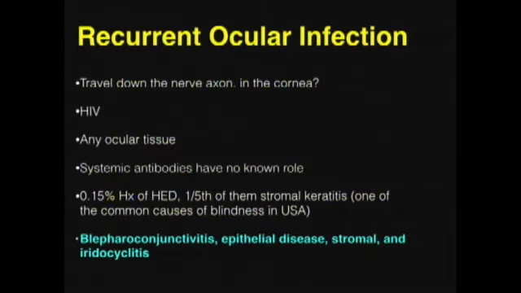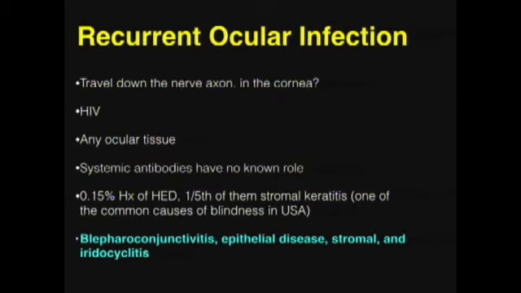And of patients with a history of herpetic eye disease, one fifth of them will have stromal disease, which is a very devastating disease to have, and it's one of the morbidity factors for herpetic eye disease. In contrast with zoster infection, the morbidity will be from iridocyclitis rather than stromal keratitis.